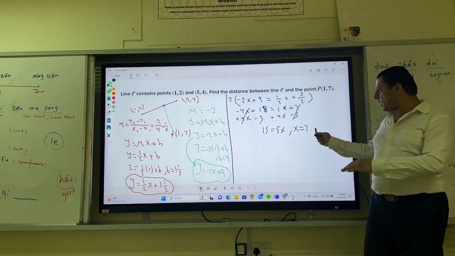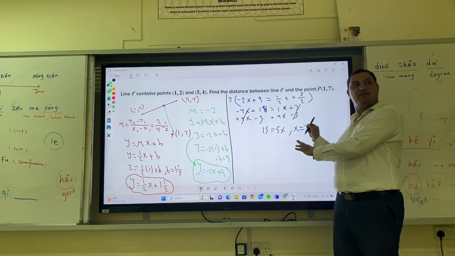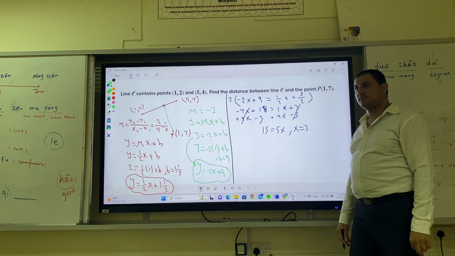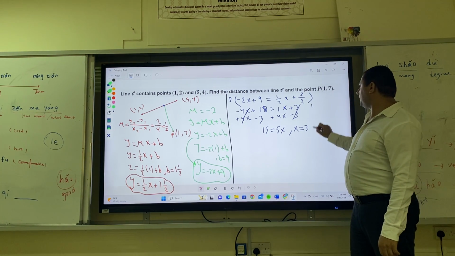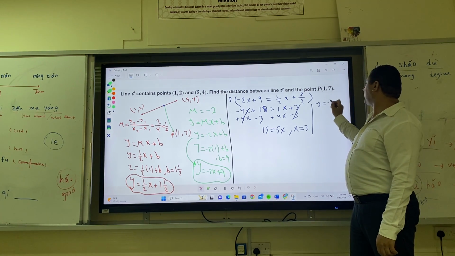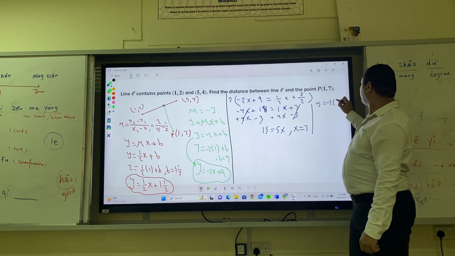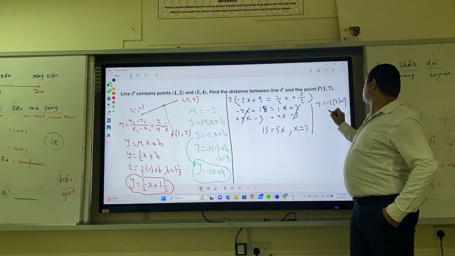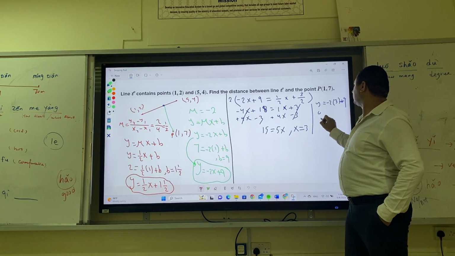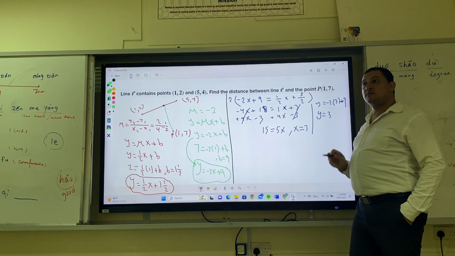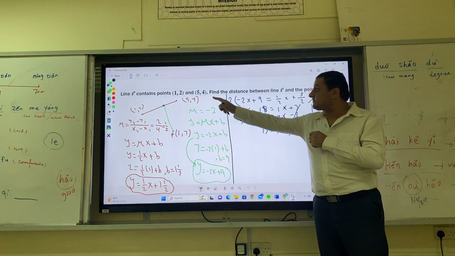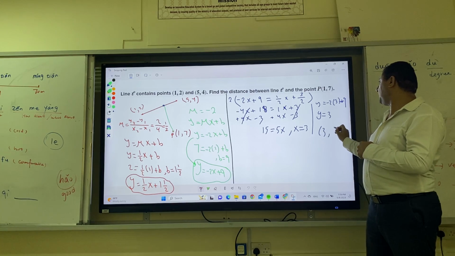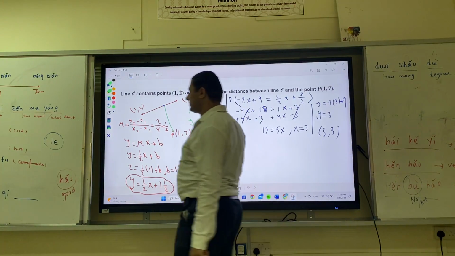To find the value of y, I need to substitute this x into either of the equations. So I will write here that y equals negative 2 times 3 plus 9. So y equals 3. It means that the intersection point between the green and the red line is point 3, 3.